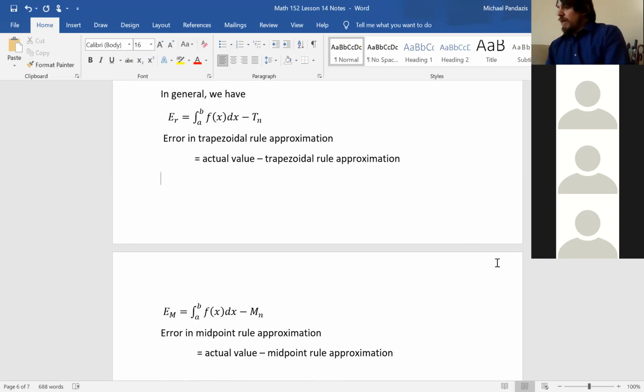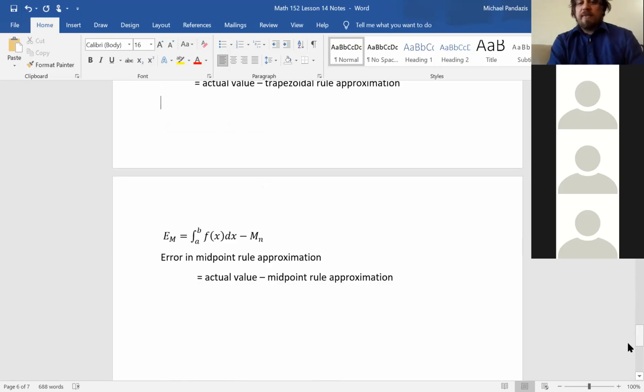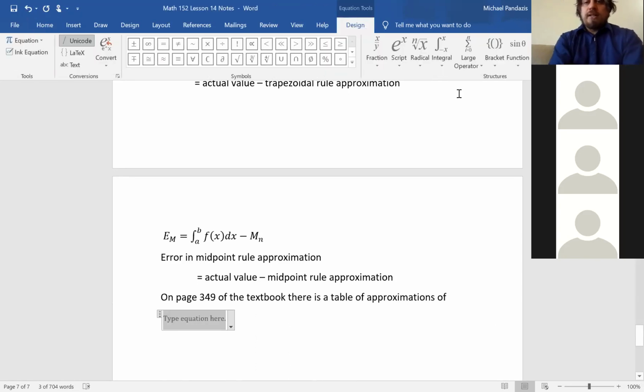Okay, so if you look on page 349, it'll show you tables for approximate values of that definite integral we just discussed. On page 349 of the textbook, Stewart, the Stewart book for calculus for this class, there is a table of approximations of the definite integral from 1 to 2 of 1 over x dx.